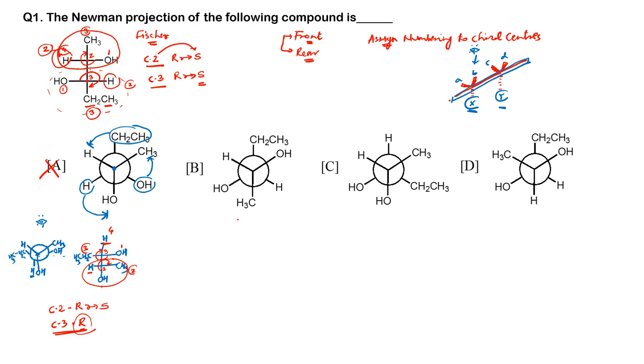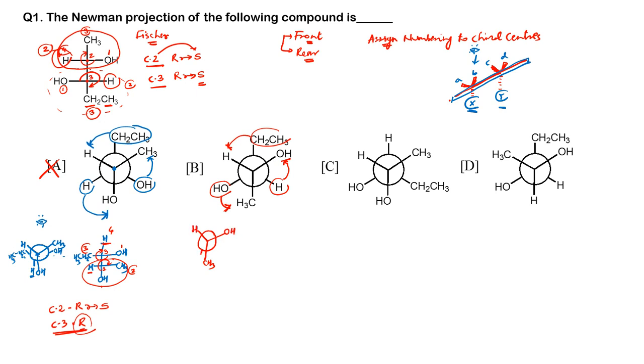We'll do the similar exercise for this. We'll rotate the rear carbon connectivity so that we can convert this to our required Newman projection, and we can write its corresponding Fischer. So in this case we'll write like this. The front carbon is unchanged.